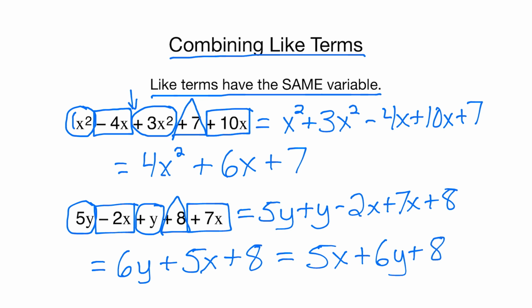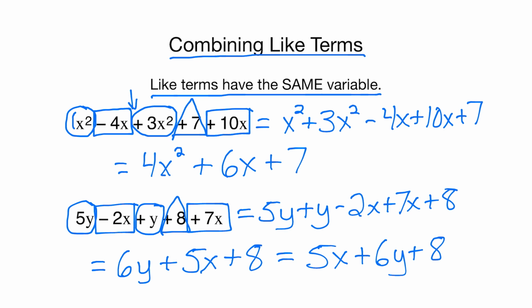It is not incorrect the other way with the y's first, but it looks better to have the variables listed alphabetically. So remember, when you're combining like terms, they have the exact same variable. They can be one letter to a certain power, and that variable with that power can be combined together.